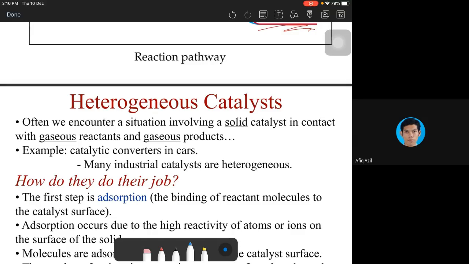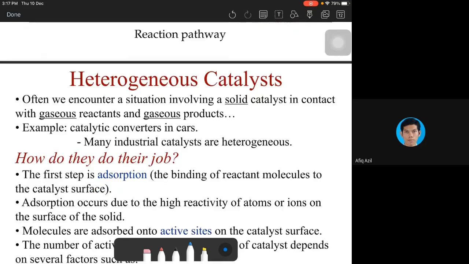Another type of catalyst is the heterogeneous catalyst. Heterogeneous catalysts are normally in the solid phase, compared with their reactants, which are gases or liquids. The most common example is the use of catalytic converters in cars. What are catalytic converters in cars? They are available in the exhaust of a car.